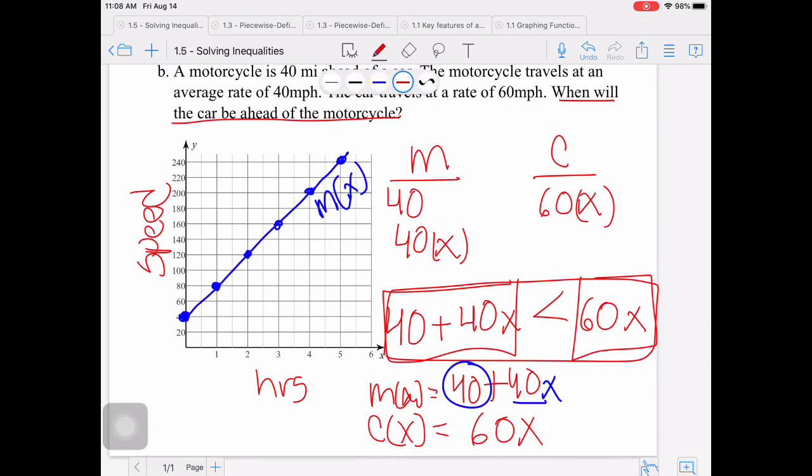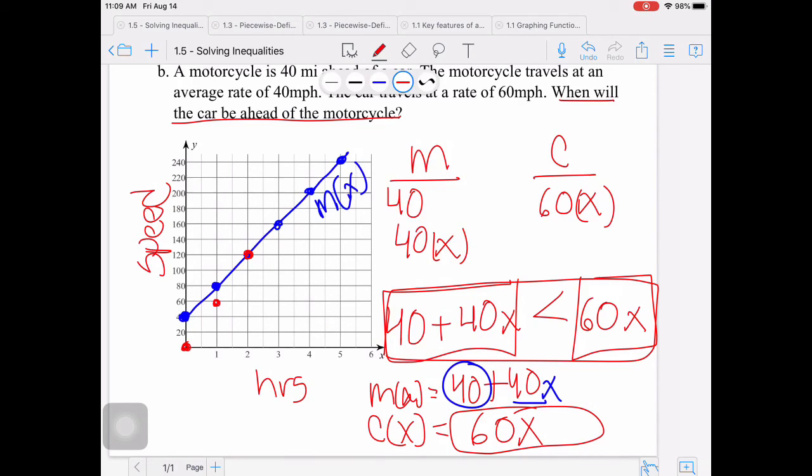I'm going to go ahead and graph the second function. So my second function is c of x, which is 60x. It's also a linear function. Now it does not have a y-intercept in terms of the function, but because it's not written, we assume that it's 0. So we're going to begin with 0, and it goes at an average speed of 60 miles per hour. So my slope is 60 over 1, which is right there, and then another 60 over 1, which is right there.